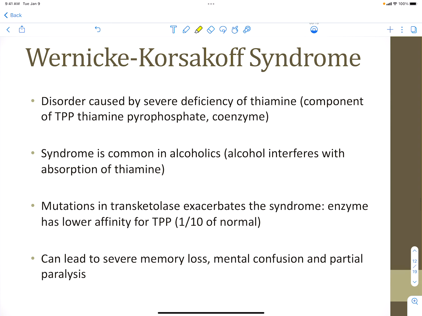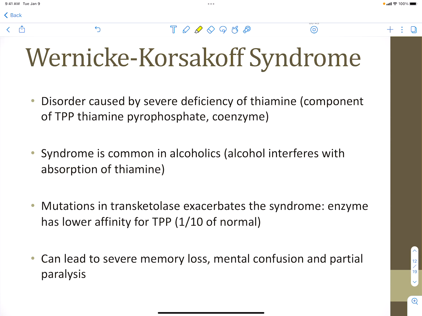So there are some disorders, and these are going to have some severe deficiencies, for example, of thiamine. So this is a component of thiamine pyrophosphate, which is a coenzyme, TPP, that's going to be on all our transketolase reactions. And a syndrome is seen in alcoholics, and so alcohol interferes with the absorption of thiamine.